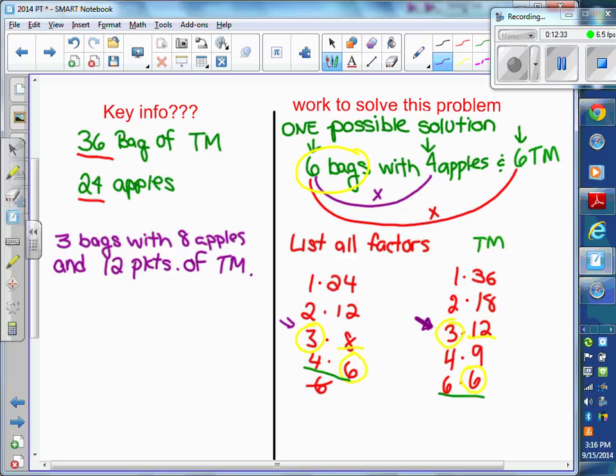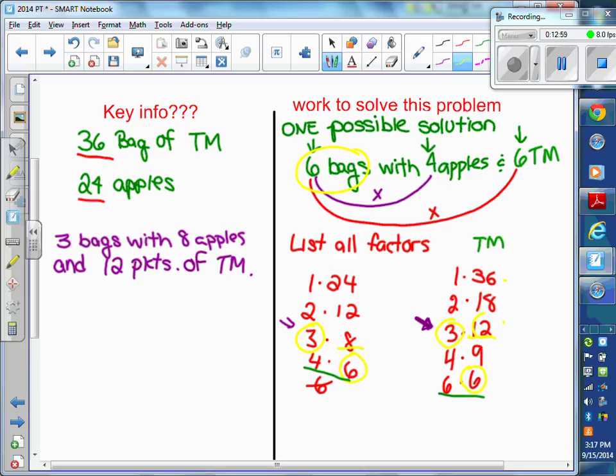Just looking at my list, what are the common factors? Let's circle them. Is 36 a common factor? Is 18 a common factor? Is it in both? No. How about 12? Is 12 a common factor?